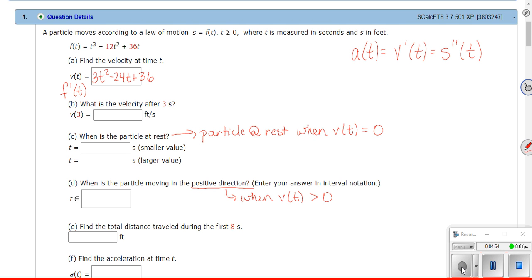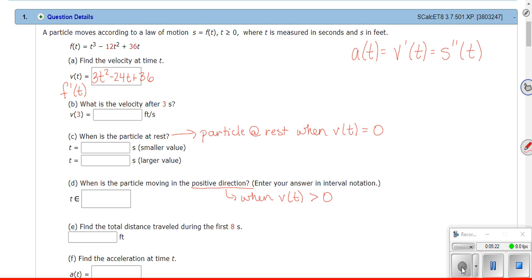If you figure out when the particle's at rest from the problem above it, you'll have your solutions for t, and that will cut your domain into intervals. Then you can test those intervals to figure out which one gives you a velocity greater than 0. Again, I'm not solving these for you. I am leading you through them.